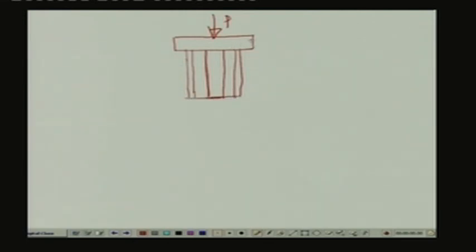So, this bearing plate along with the copper rod has compressed, covering that 0.05 millimeter gap between the sleeve and the copper rod. When the bearing plate touches the sleeve, the load acting on the bearing plate will be transmitted to the sleeve.